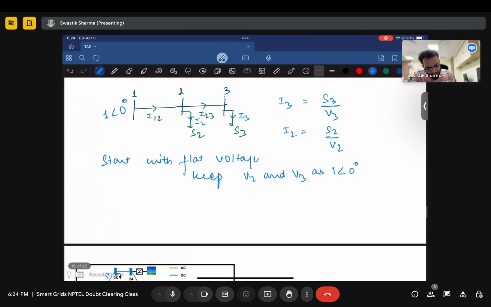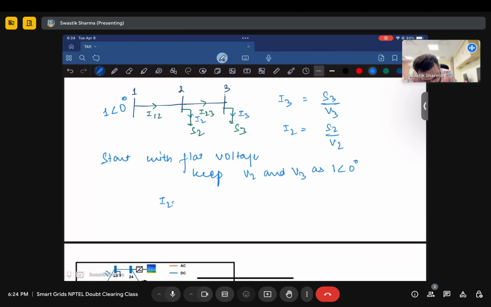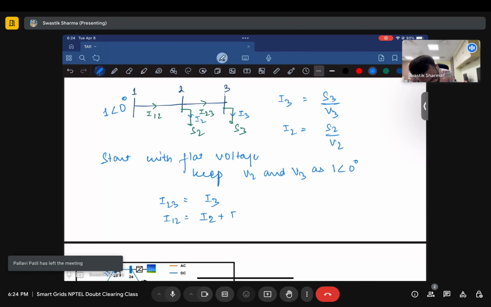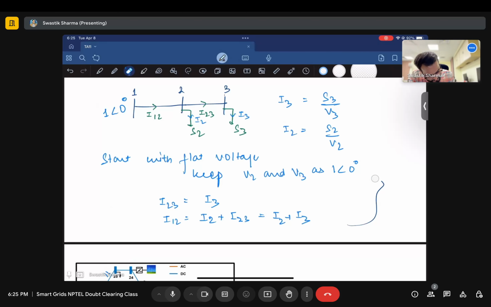You do that and find out I3 and I2. Then I23 is simply I3, and I12 is I2 plus I23, which is I2 plus I3. This whole thing is called the backward sweep.